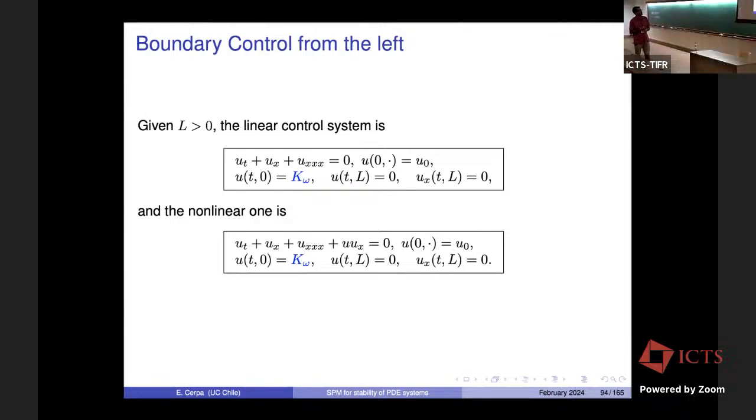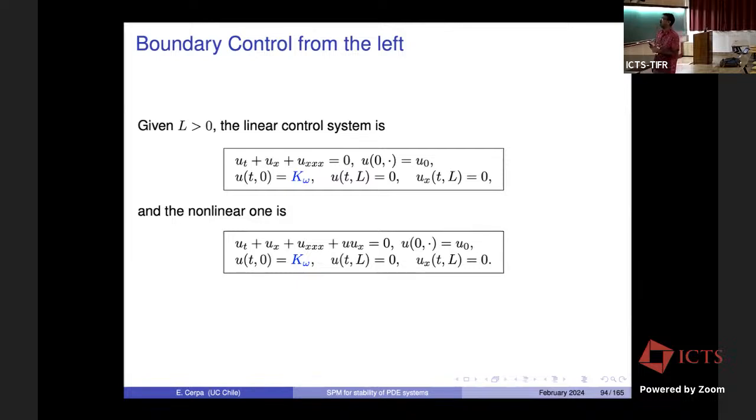As we saw yesterday, for this equation we have to consider 3 boundary conditions, okay? 1 on the left and 2 on the right. And we are considering the control acting on the left, so on the Dirichlet boundary condition at x equals 0.